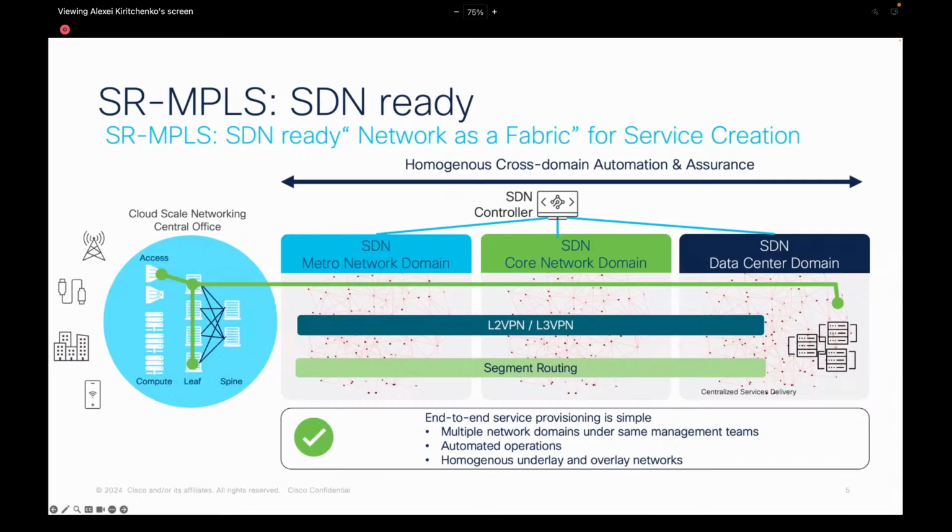And on top of that, running layer 2 and layer 3 services, typically based on BGP end-to-end. The service should be simple to build, simple to use, troubleshoot, and understand. And this is what segment routing is about.